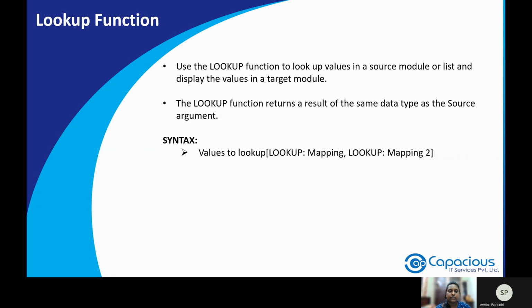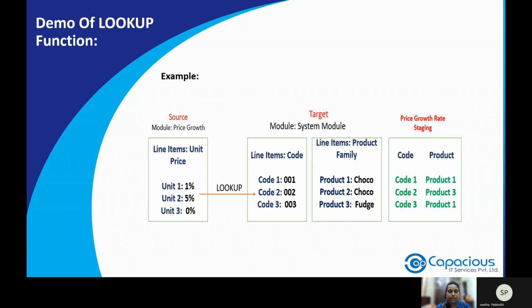So here is the syntax: we use values to lookup, and using the keyword lookup, I give the target modules to make the particular function work for the source module. In this way, the lookup function is going to work.